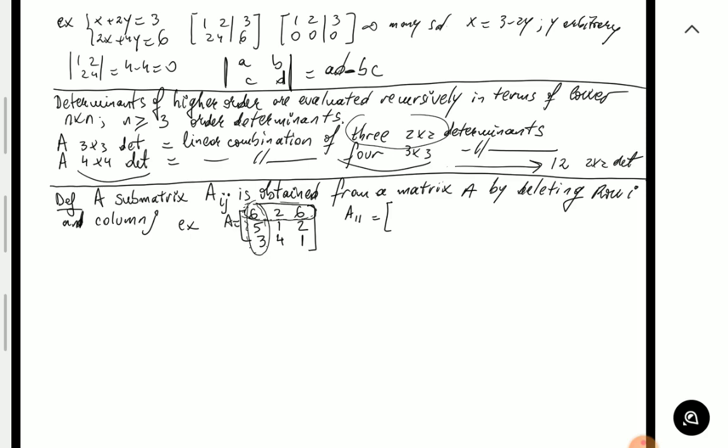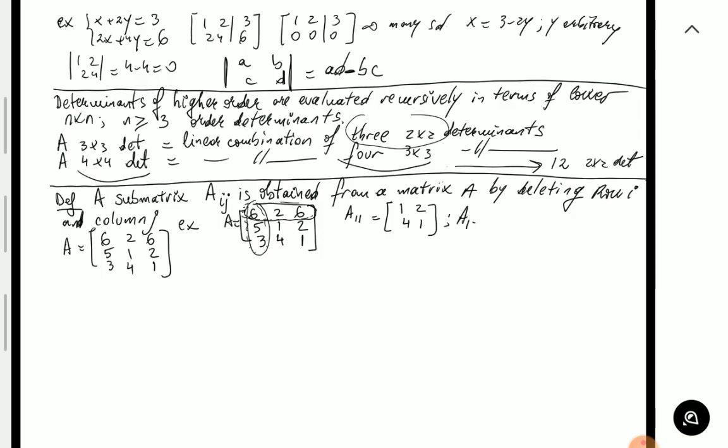I'm going to write the matrix again just to make it clear. And then A11 is left with 1, 2, 4, 1. Okay, so let me write the matrix A one more time. See, that's the reason why I don't want to circle the rows and columns that I eliminate for each possible submatrix, because that'll make a mess.